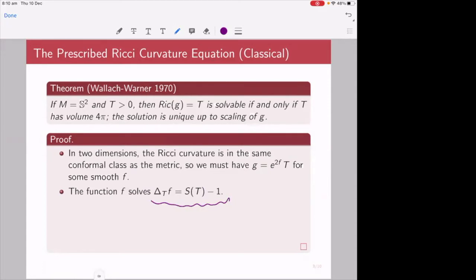Now, disclaimer that this is Hamilton's notation here. He took quite a few liberties with his definition of Laplacian and scalar curvature. His scalar curvature is perhaps off by a factor of 2 from what we'd usually expect.